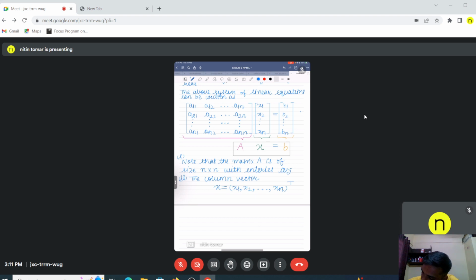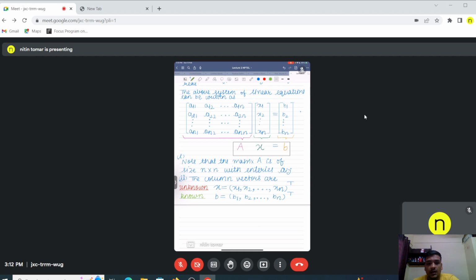There are two column vectors: number 1 is x, and number 2 is b, which is b1, b2, ..., bn transpose. See, in every case, x will be an unknown vector. This is the aim. This is what we'll be able to find. And this vector b will be given to us as part of the information.